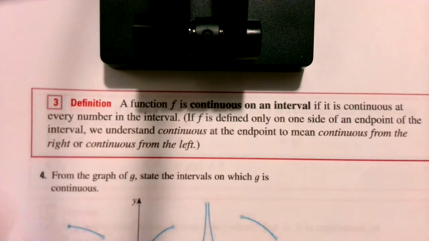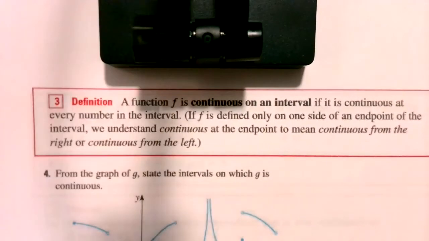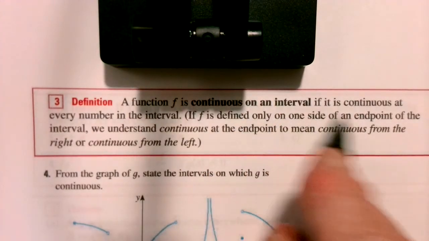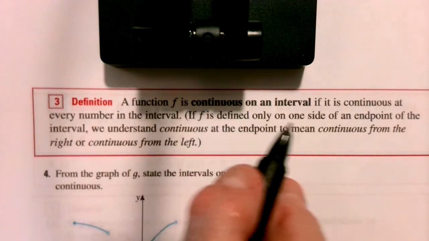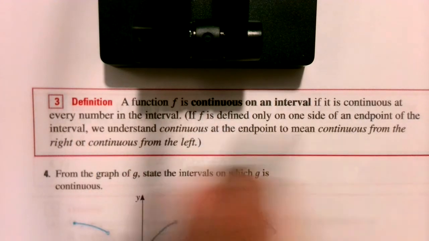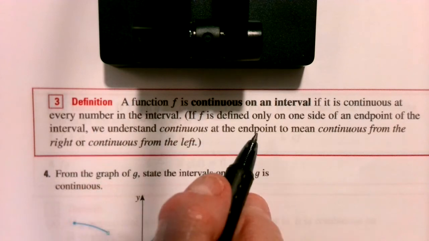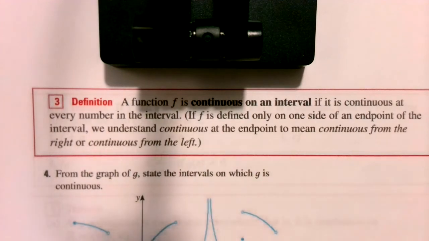Okay, a function is continuous on an interval if it is continuous at every number in the interval. If f is defined only on one side of an endpoint of the interval, we understand continuous at the endpoint to mean continuous from either the right or continuous from the left.